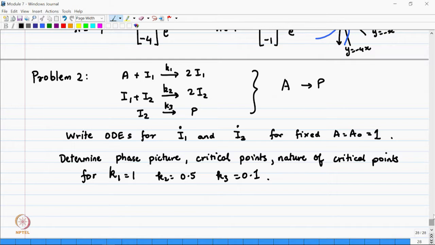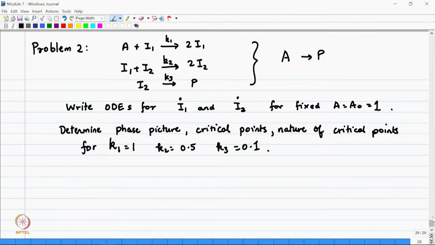So, the first step is A reacting with I call it I1, to give 2 I1. So, I1 might just be an excited state of A, or it might just be some modified form of A. Then you have I1 plus I2, I1 and I2 are 2 intermediates, that gives 2 I2, and then I2 going to P, and these are the rate constants.